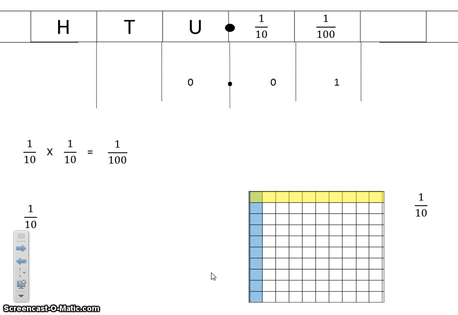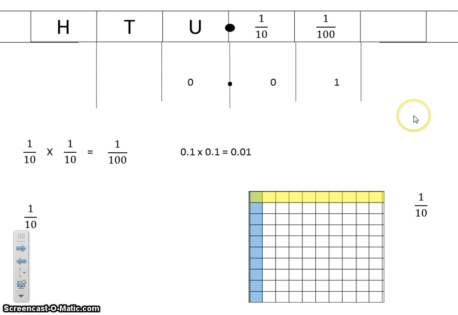So it's 1 out of 100, which can be written as 0.01. So we now know that 0.1 times 0.1 is 0.01 as an answer.